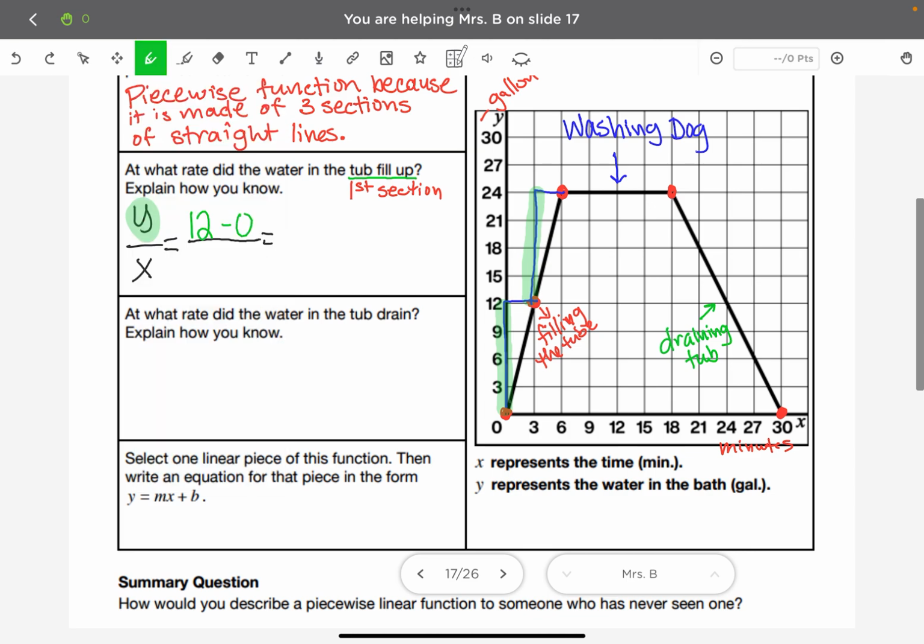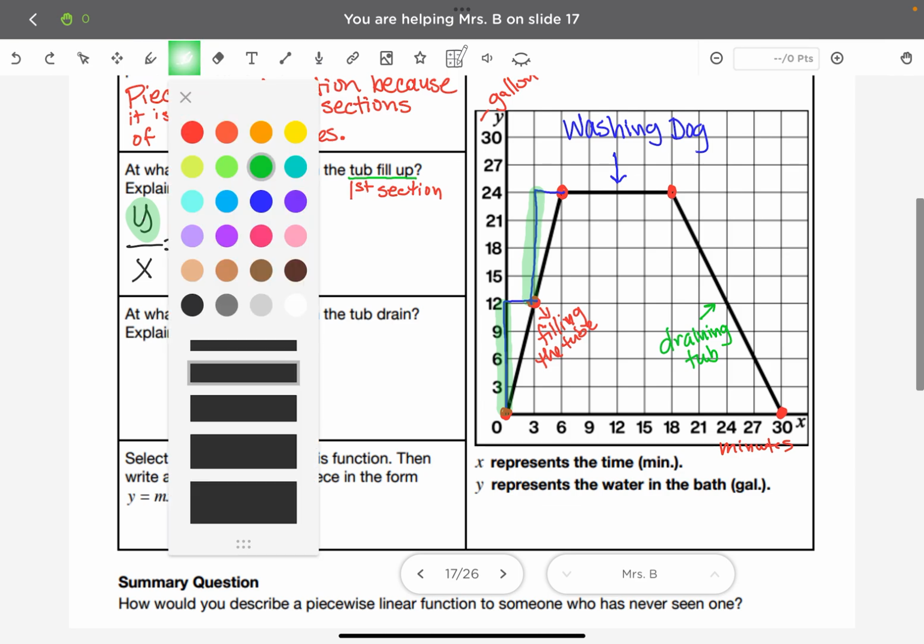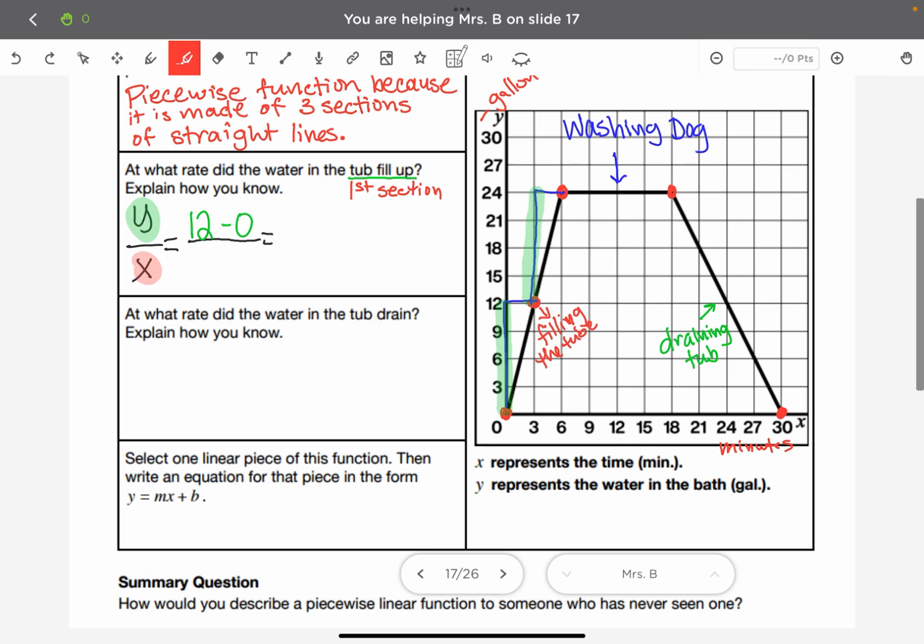12 minus 0, or I could do 24 minus 12. But I would need to do the difference between my points on my y-axis. For my x, for my time, that's going across. So then I need to look and see what my unit is.